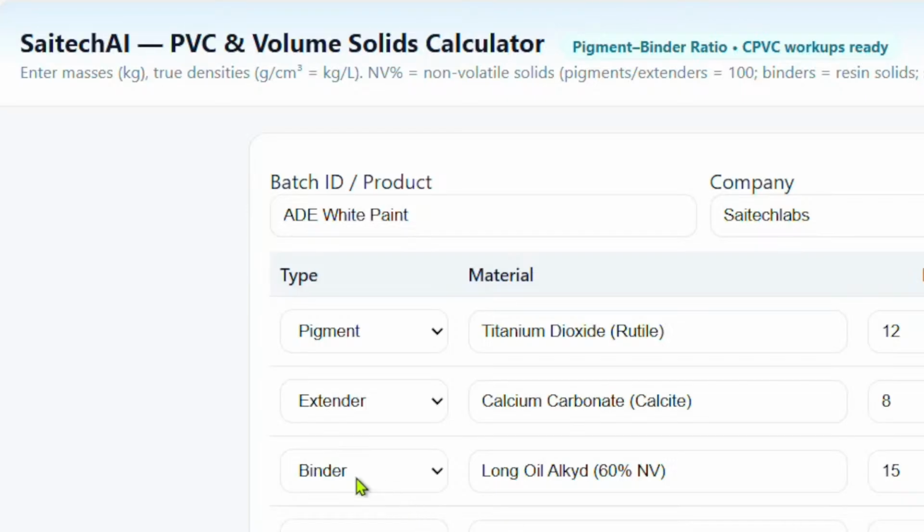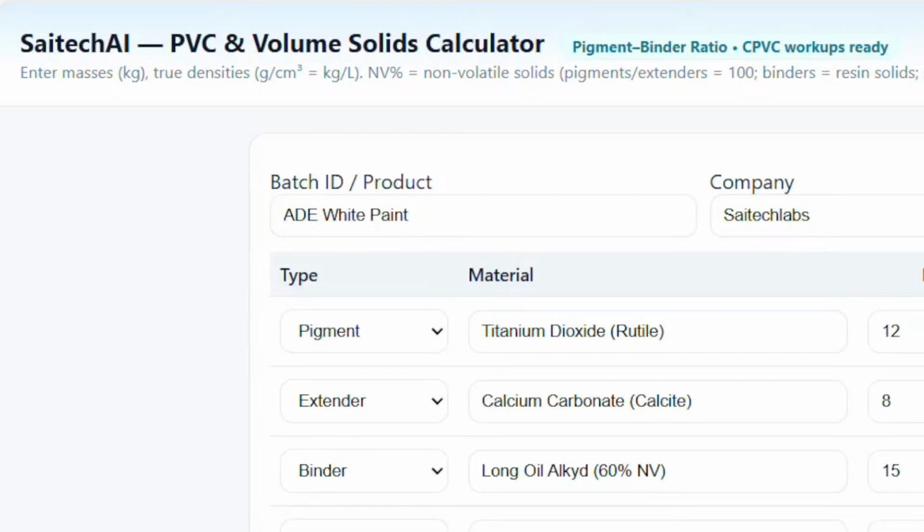And then binder. So we have got the binder, which is of long oil alkyd, say about 60% of non-volatile content. So I must definitely put this solid content, that is the non-volatile content, 60. Then what is the actual weight I have taken? 15. You know very well. Now, what is the actual weight we have taken in the formula? That is 60% of this 15. Are you able to follow?